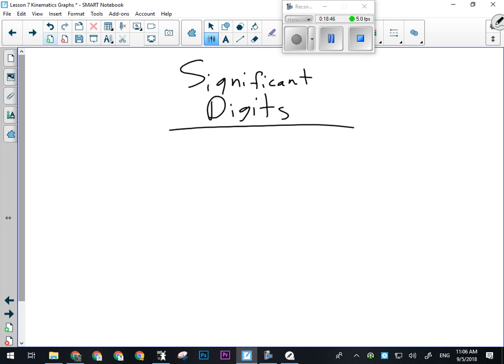Okay, if I go out and I measure the track with a measuring tape that is accurate to the nearest millimeter, when I get done measuring the track, I will find out that it is 400.000 meters. Okay, because I'm accurate to the nearest millimeter if I'm using a measuring tape.